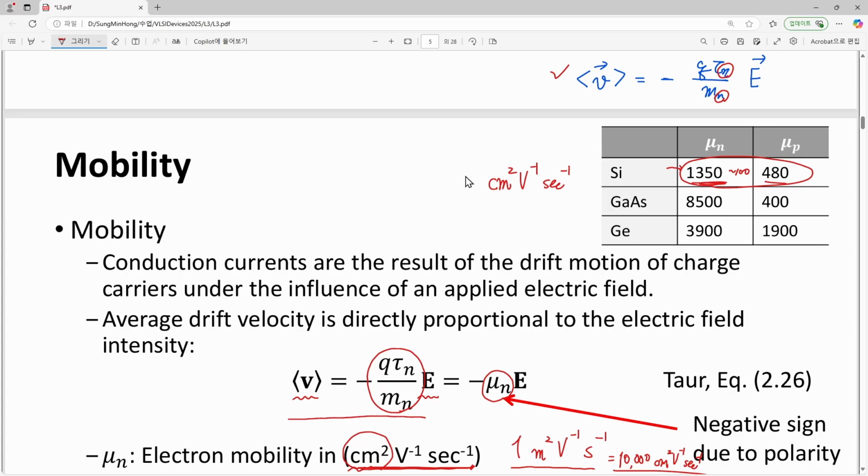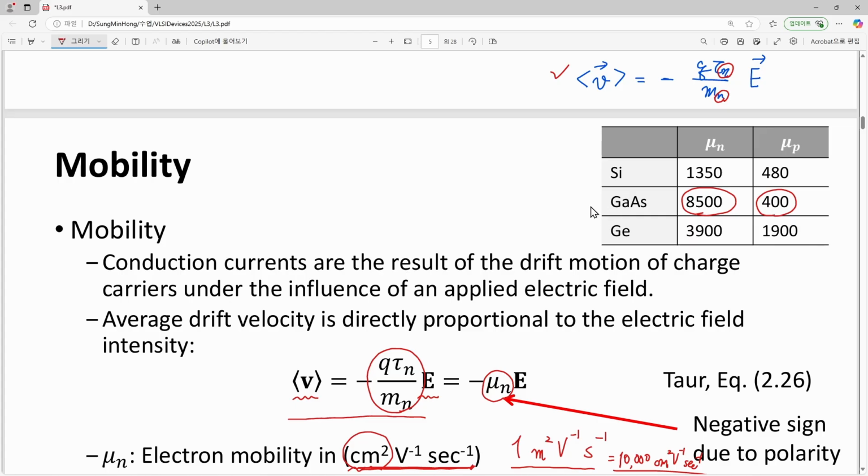Another one is gallium arsenide, which has quite a high electron mobility. At the same time, it has a relatively low hole mobility. So using this kind of compound semiconductor, we can expect quite high speed devices with electron movement.